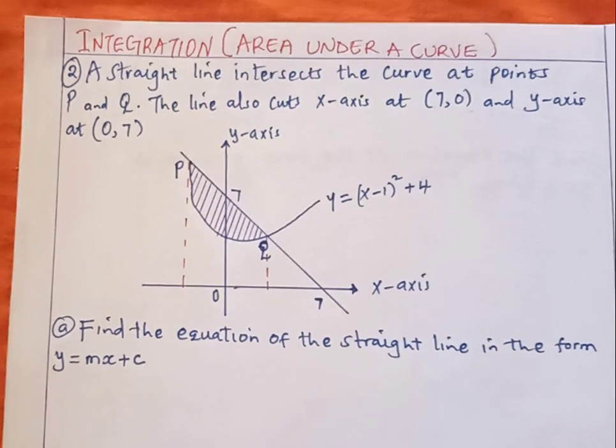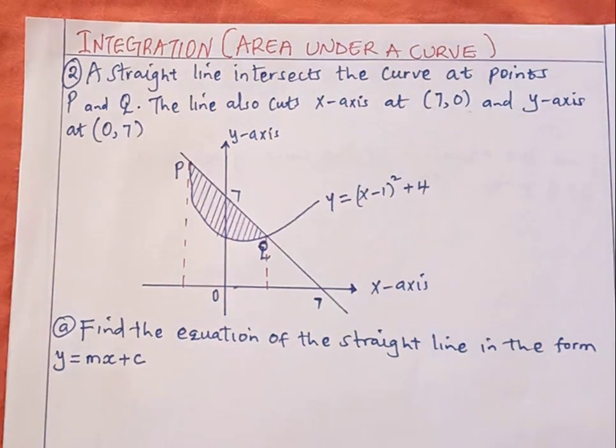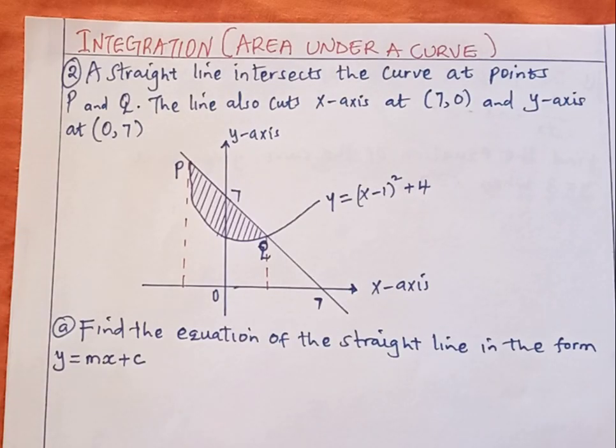By the end of this presentation, we should be able to work out the equation of a straight line, also the coordinates where the curve intersects the line, that is point P and Q, and finally we work out the area of the shaded region. So stay put. We are going to learn a lot from this presentation.